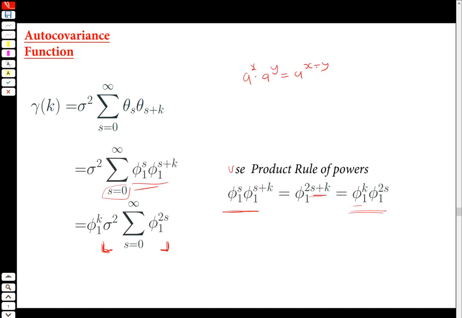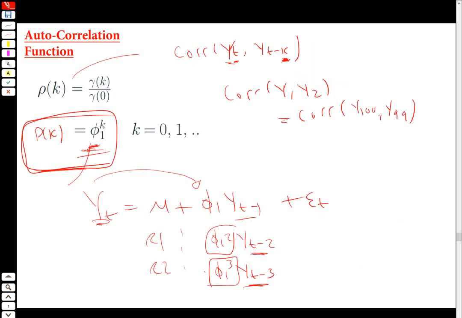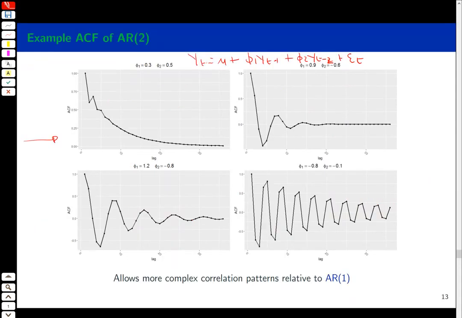So this just plots minus 0.5 to the k, and hopefully you see intuitively why we get this oscillating pattern. And again, it dampens out very quickly. We get the exact same thing for phi1 equals minus 0.9. We get this oscillating pattern, but it just dies down a bit slower, but eventually it does die down to naught. Okay, so we've seen a visual depiction.